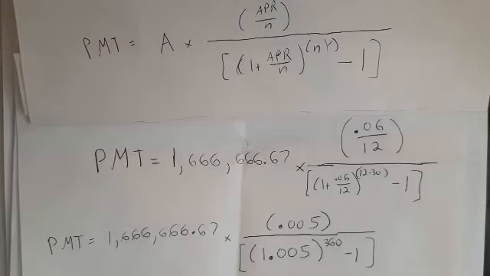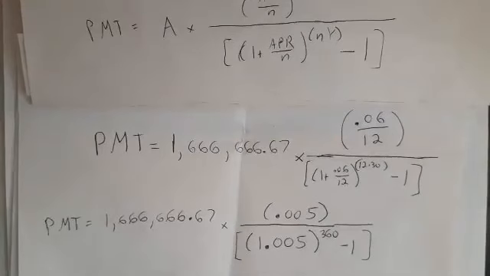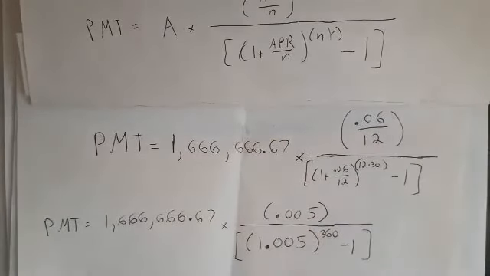If we divide 0.06 by 12, I believe we get 0.005. If we add 1 to that, we get 1.005. 12 times 30 gives me the 360. And so in that first step, there are sort of 3 sets of parentheses I can crunch numbers in.